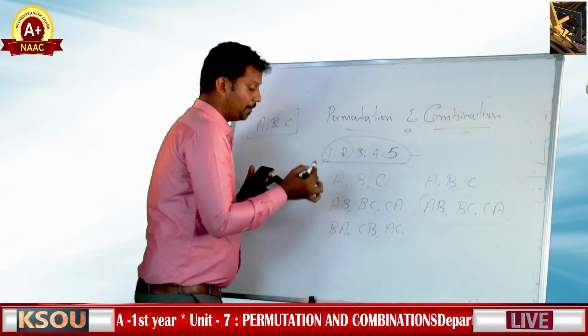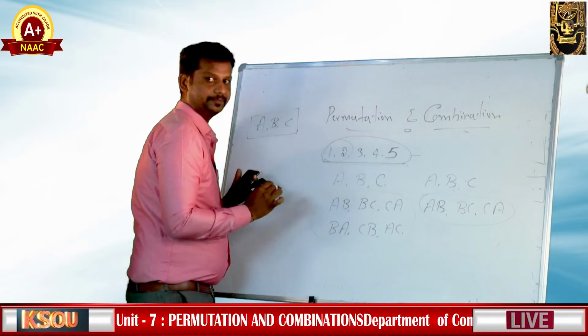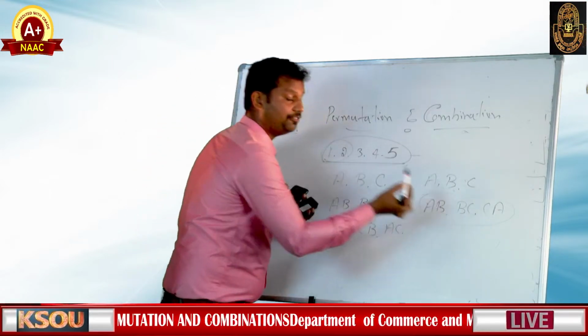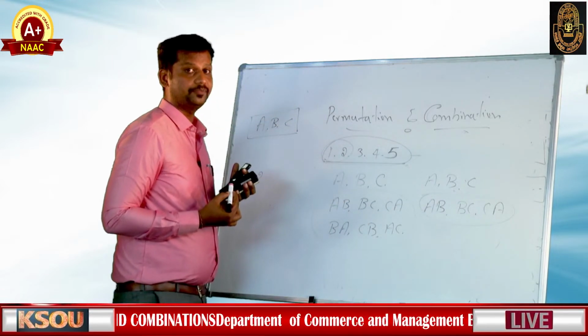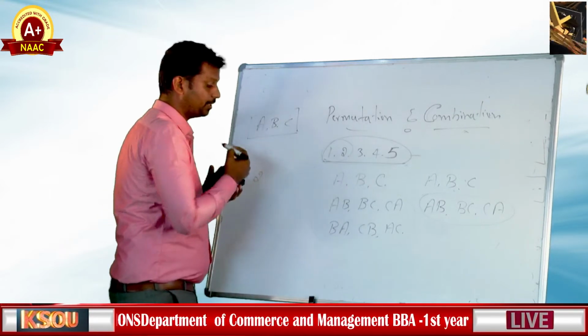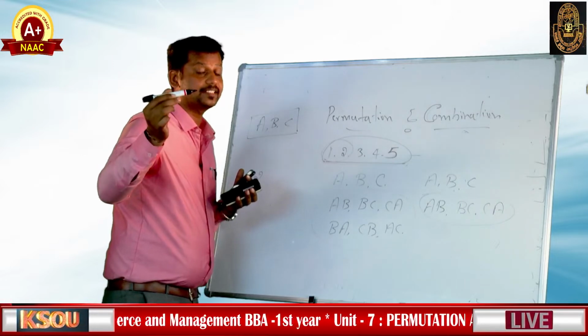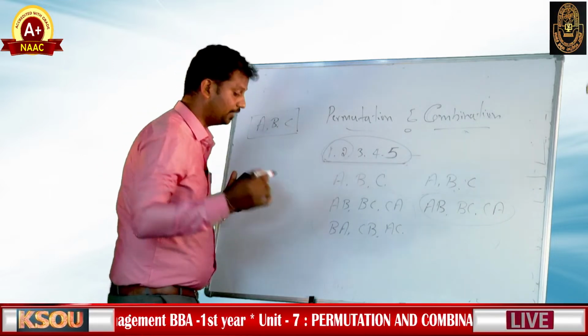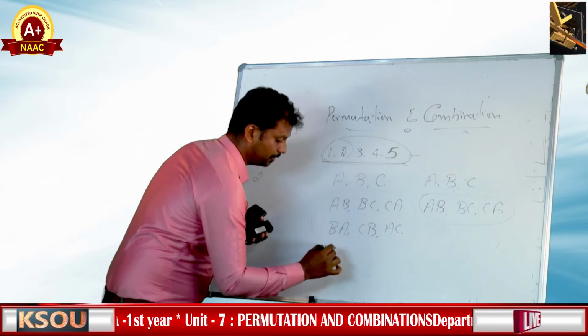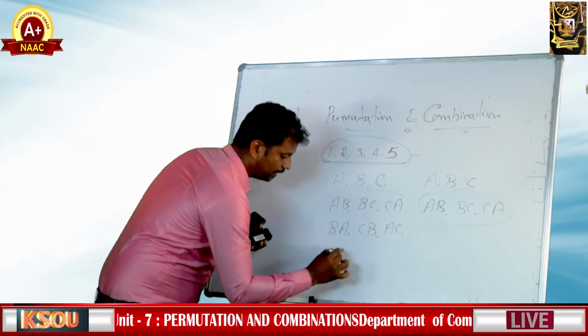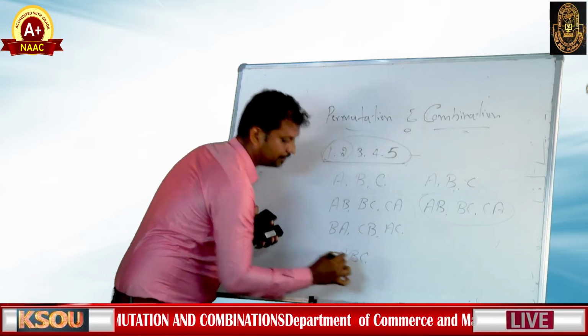Clear? Permutation means arrangement of elements. Combination is selection of elements. For example, in the case of selection of three elements, for permutation the arrangements are A, B, C. This is one possible.